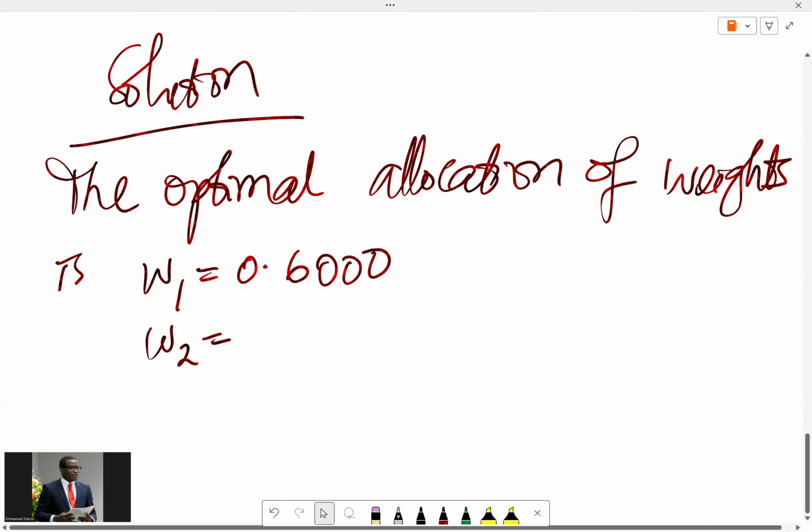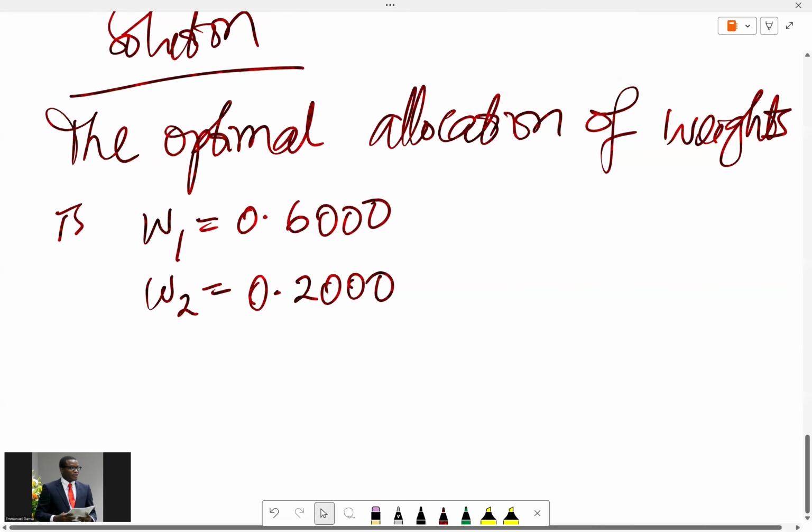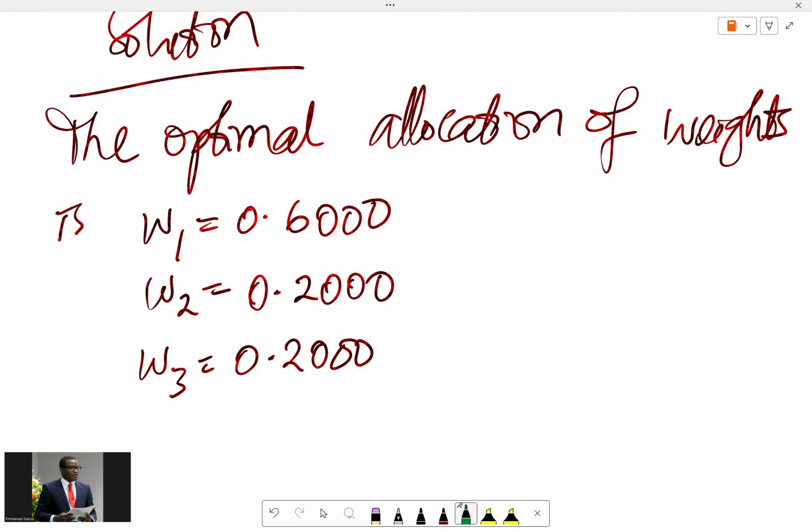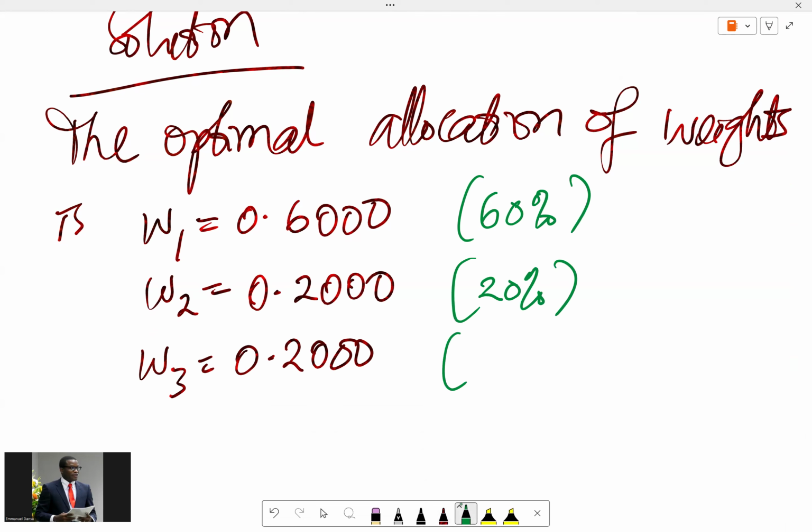So you should invest 60% in the first asset, 20% in the second asset, and 20% in the third asset. Just multiply each of them by 100. That's the optimal solution.